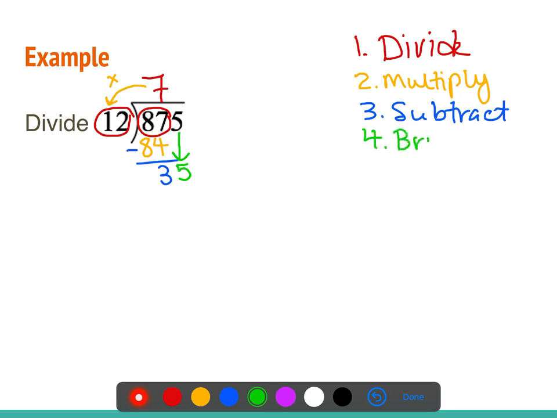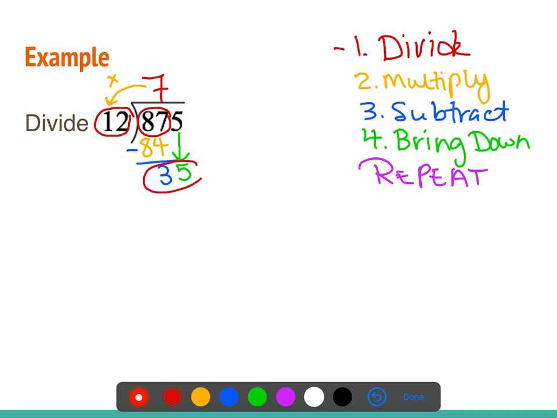So you took 87 minus 84 and you got 3. Well, you were hoping you were done, but you're not, because you bring down the next number. And you keep doing this over and over, repeating the process until you run out of numbers.